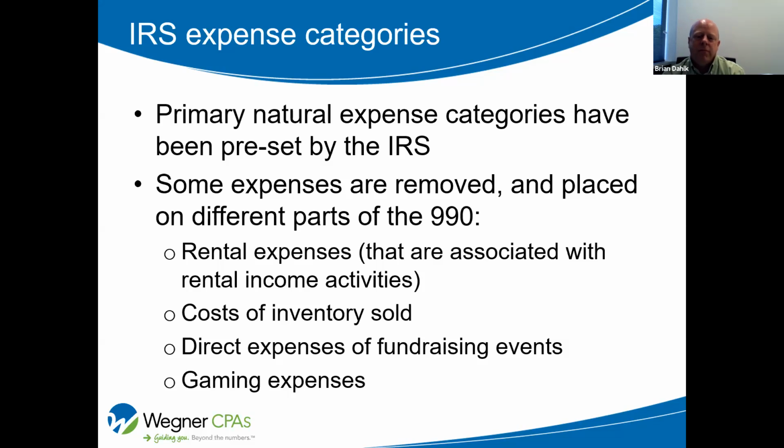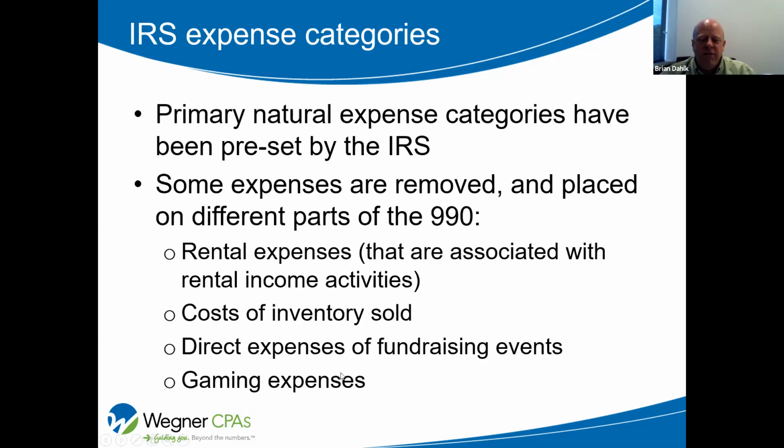And there are some expenses which do not go on the IRS functional expense Part 9 because they're moved to a different part of the 990. Rental expenses that are associated with rental income activities, costs of inventory sold, direct expenses of fundraising events, and gaming expenses.